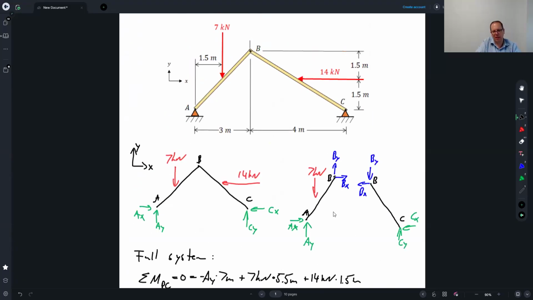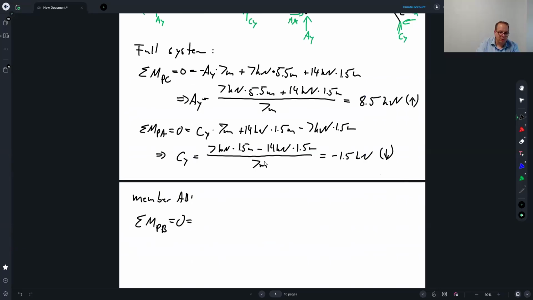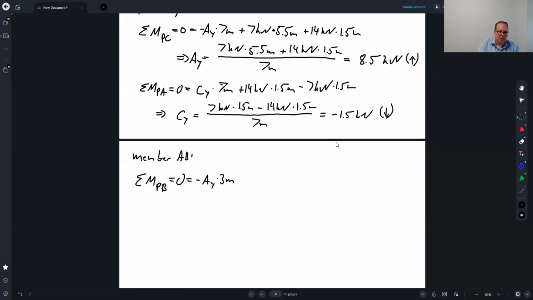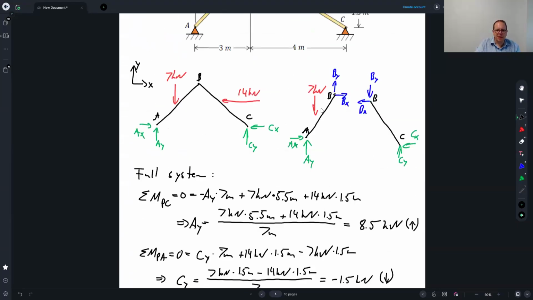All right, so what do we get in B? We get AY going clockwise, and the distance is 3 meters, so minus AY times 3 meters. Then we get AX going counterclockwise, and it is 3 meters, so plus AX times 3 meters. And then what else?